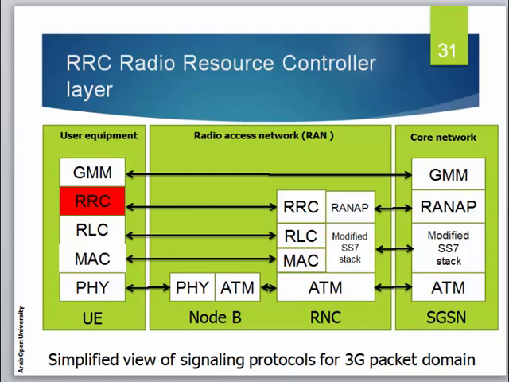Number 2, reporting of radio measurements. The third function, transport of signaling messages between the mobile and the core network, also used to broadcast information. The fourth function of the RRC is to instruct the RLC, radio link controller layer, whether or not to acknowledge packets.